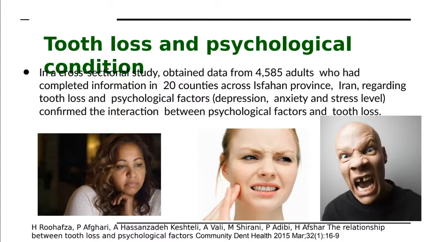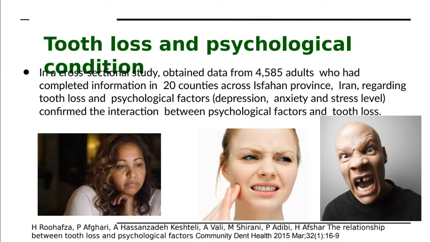And there is one more study which relates tooth loss and psychological conditions. Here, any psychological factors like depression, anxiety, and stress level all play a major role in tooth loss.